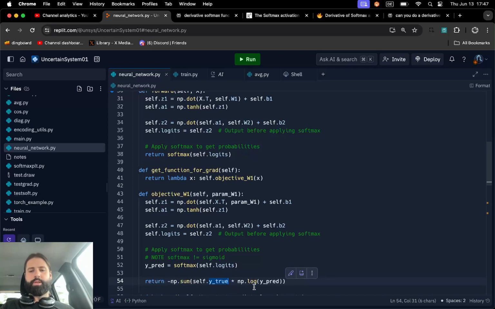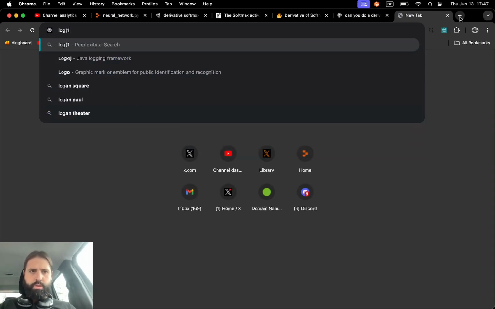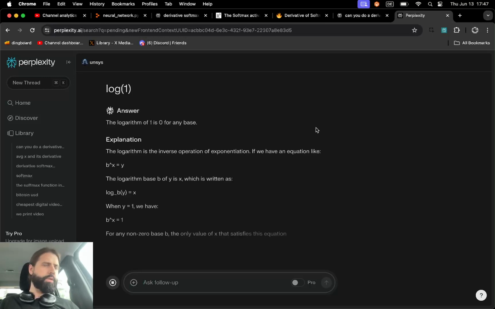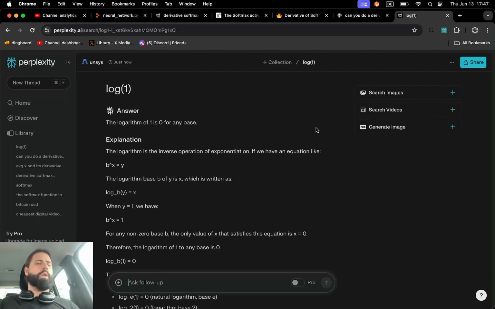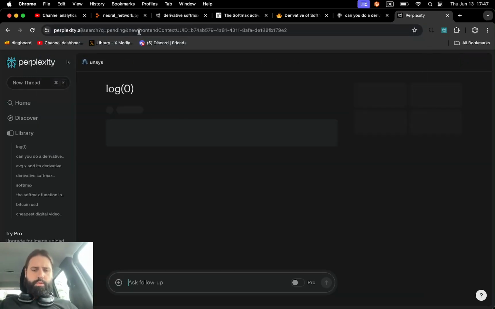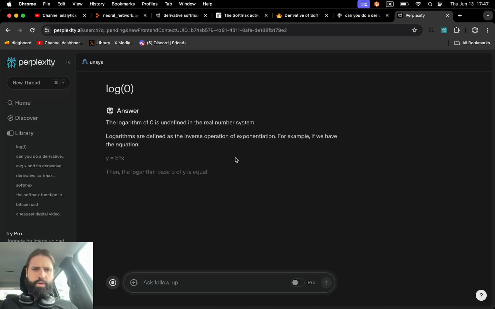Essentially what's going to happen is the log of 1 is essentially 0, and the log of 0 is essentially undefined.